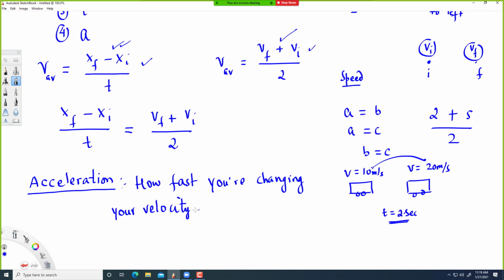Now, some people get confused between acceleration and velocity. So let me remind you of the definition of velocity once again so that you don't get confused. Let me write the definition of velocity also in layman's terms. Velocity is about how fast you are changing your position with respect to some reference point.